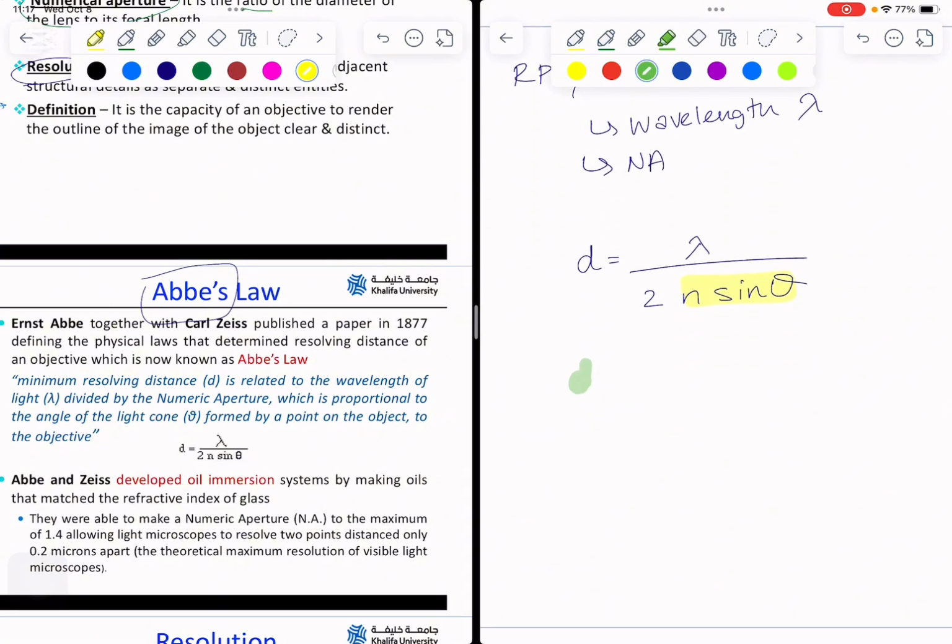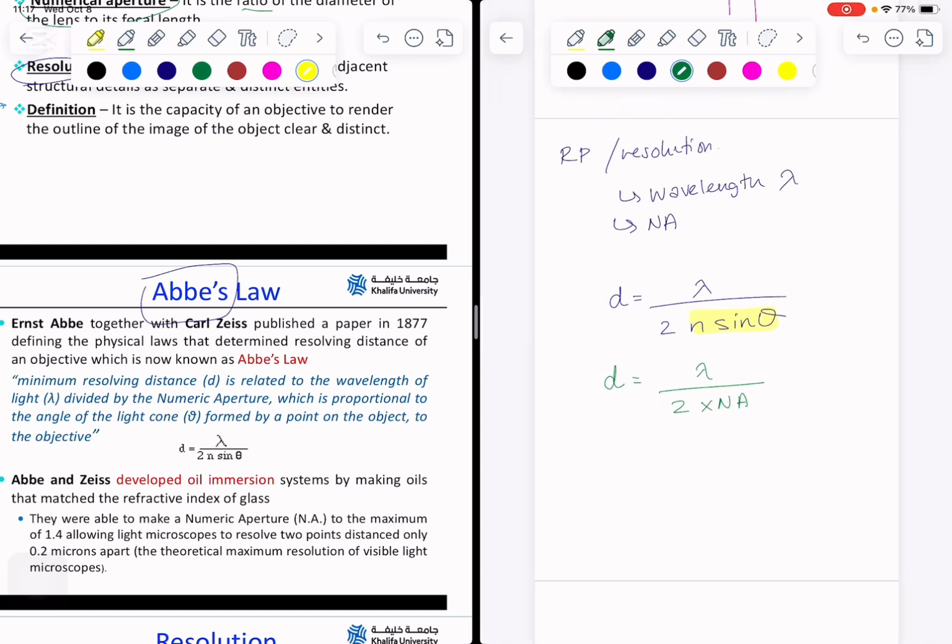This equation is basically D equals the wavelength over 2 times NA. This is what we could write it as, based on understanding. But I'm just talking about resolution. Where is resolution considered over here? It's not directly considered. The D is basically the minimum resolving distance.